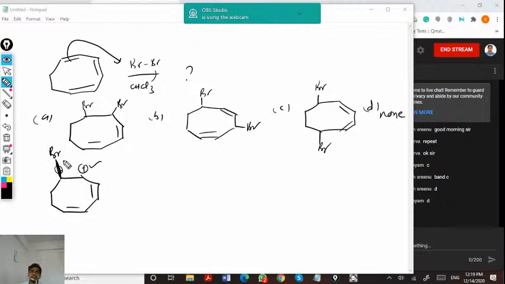Okay, so after bromine addition, it will be a cyclic bromonium and the carbocation is also stable. Once this carbocation is formed, it will be conjugated to this.